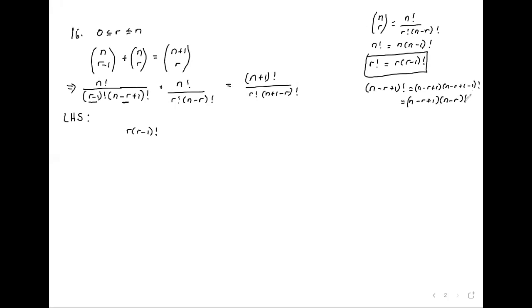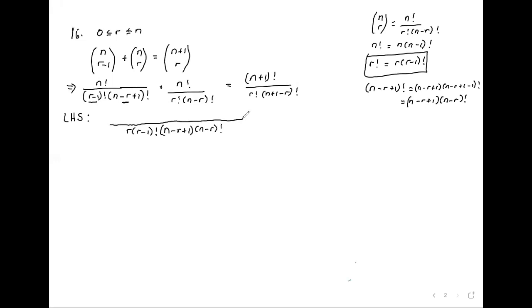Okay, so this means that the common denominator between n minus r plus 1 and n minus r is just n minus r plus 1, written as a product of this, just to help us see properly.